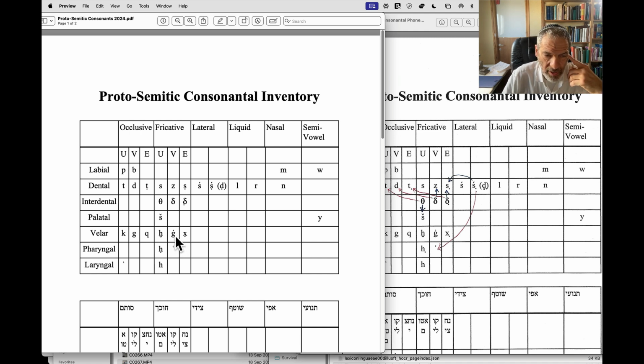But the phoneme there, whenever ayin is written for a Proto-Semitic Ra, the Septuagint translation, which is the Greek translation of the Bible from Alexandrian Jews in the 3rd century BCE, pretty consistently represented this with a gamma.